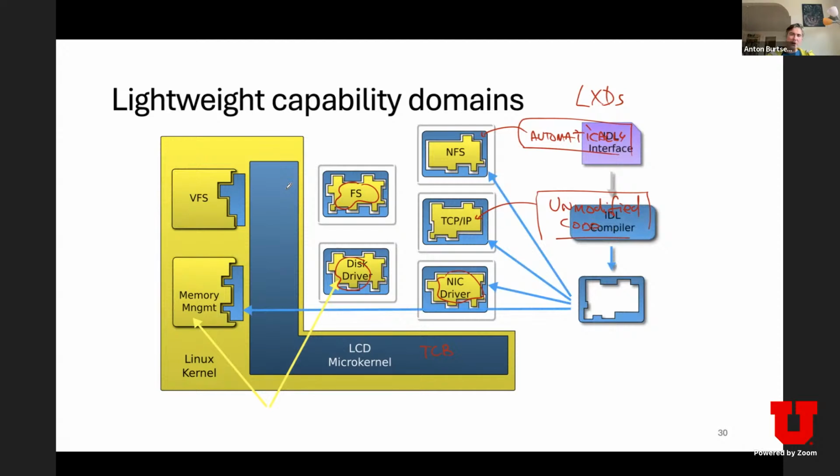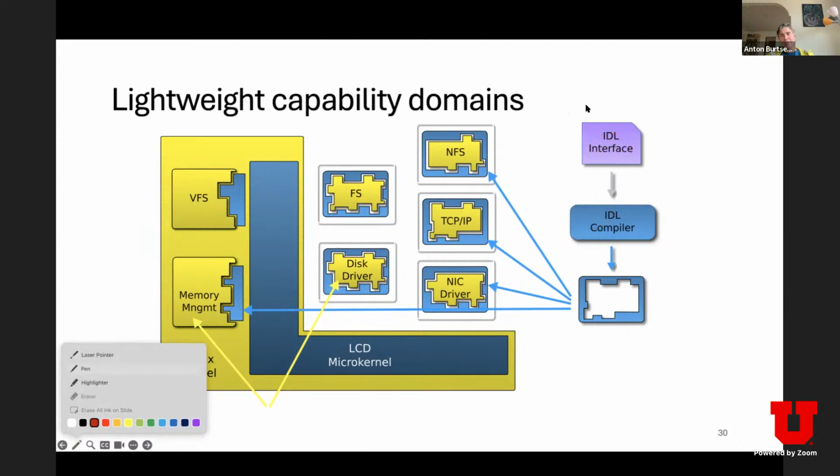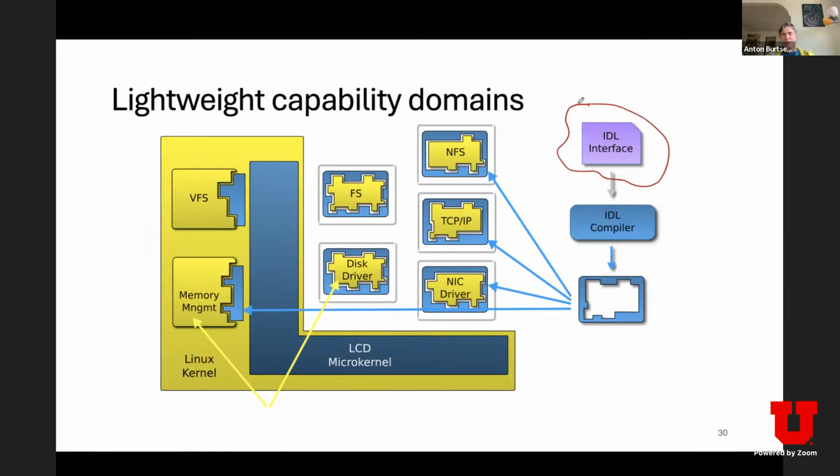What we're actually doing here is, let me just erase all the linking on a slide. We use an interface definition language, or IDL, and an interface definition language compiler to generate this glue code. LXFI does something similar, although their interface definition language is probably similar to a macro system, which essentially expands those annotations into the capability updates.